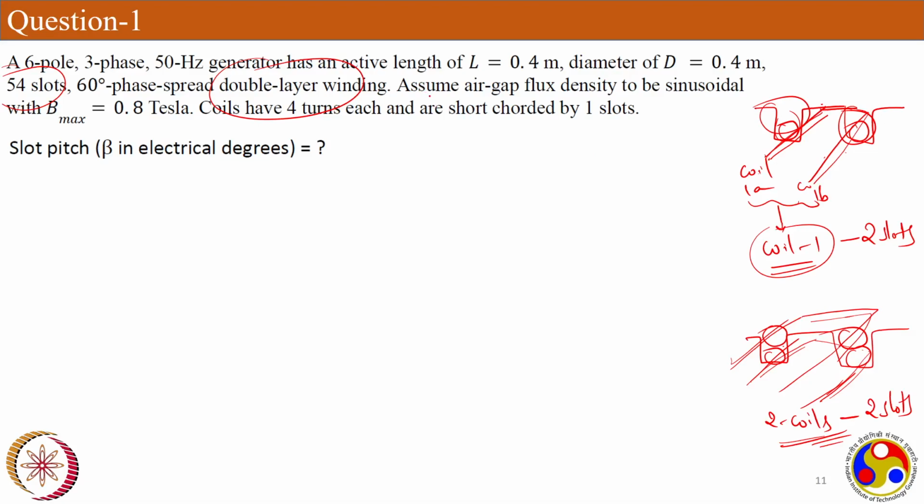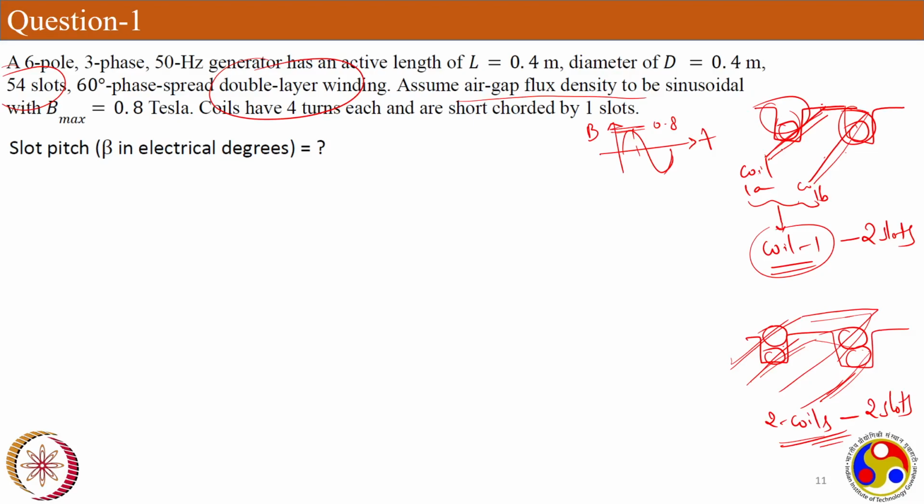Now we have to assume the air gap flux density to be sinusoidal, with a maximum B. We are given the maximum B as 0.8 Tesla. Now the coils have 4 turns each.